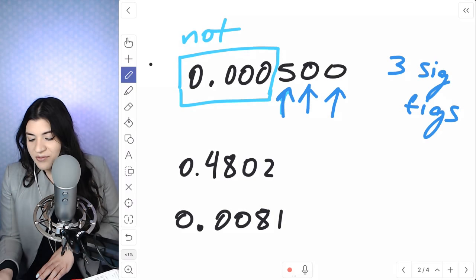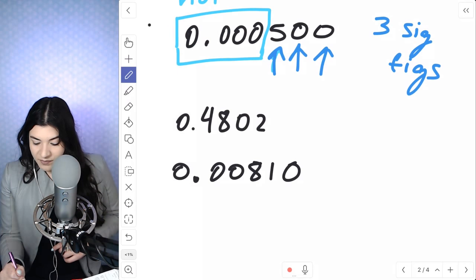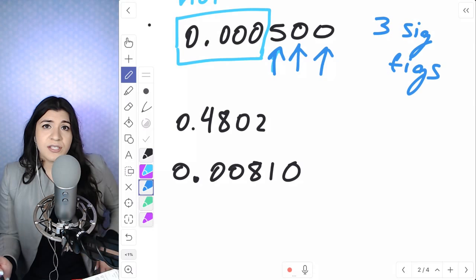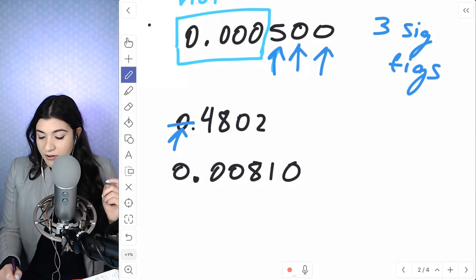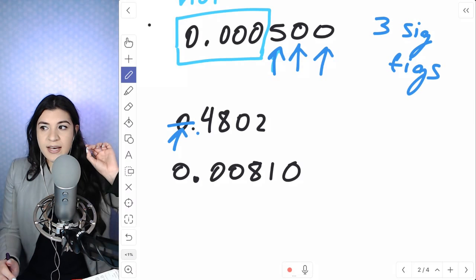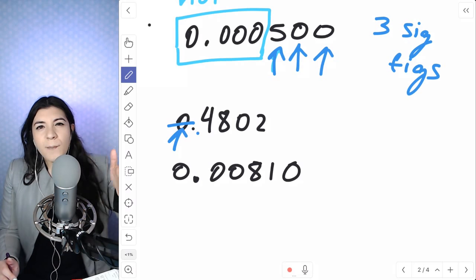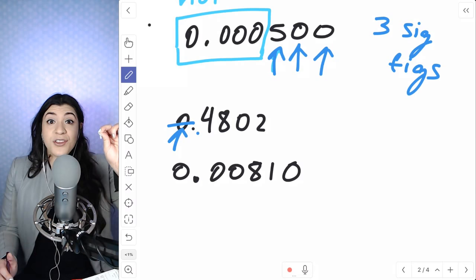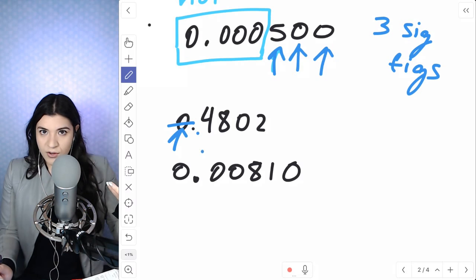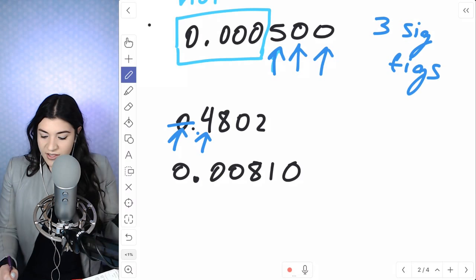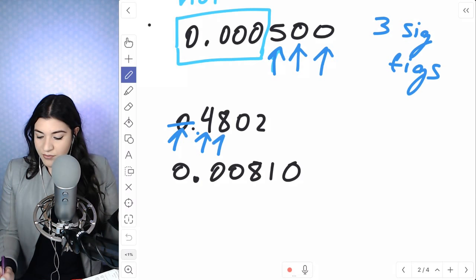Okay, so if we're doing something like this, the beginning zero would still be considered a leading zero, so nope, that doesn't count. But then everything thereafter, once we start to see that non-zero number, that's where I want you to think, all right, this is where the sig figs are starting. So right here is where all of our sig figs start. So we have 1, 2, 3, and 4 sig figs in this case.